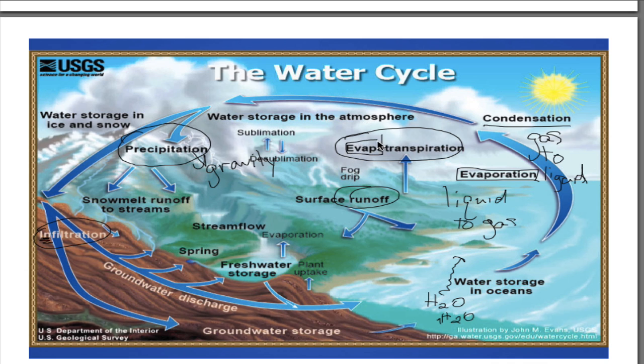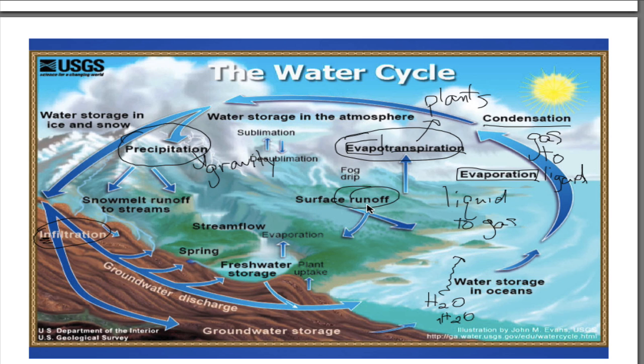So hopefully you understand that evaporation and evapotranspiration are the same process, taking liquid water and turning it into water vapor, or a gas. The only difference is this part right here, because it happens in plants. Evapotranspiration, or sometimes I'll just call it transpiration, happens in the leaves of plants after that water has been soaked up into the plant itself.